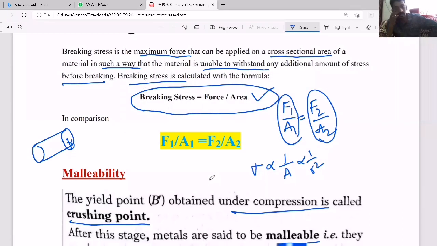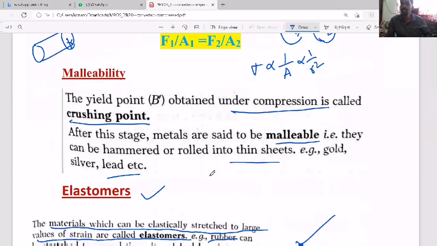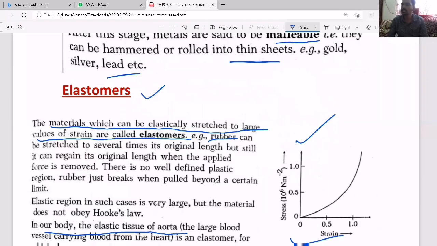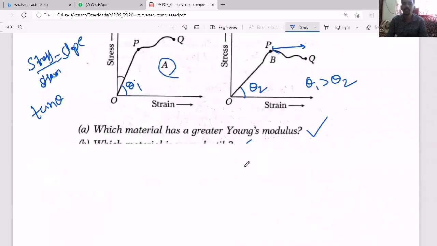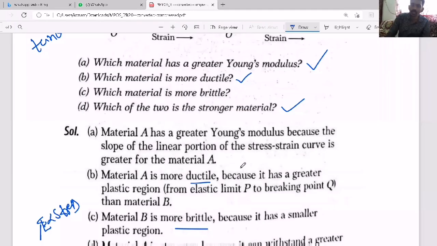And the meaning of breaking stress, the meaning of fracture point, the meaning of malleability, which depends on the crushing point, nothing but the yield point in case of compression. And the meaning of elastomer, and the best example for that, nothing but rubber. And numericals, how the question will be asked, and theoretical questions based on the stress strain curve in the entrance, JEE or NEET or CET.